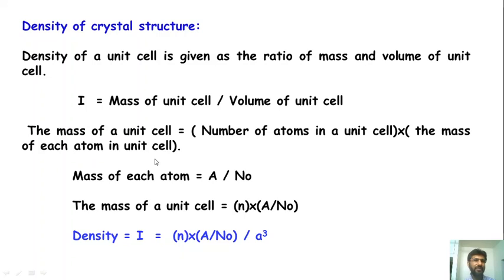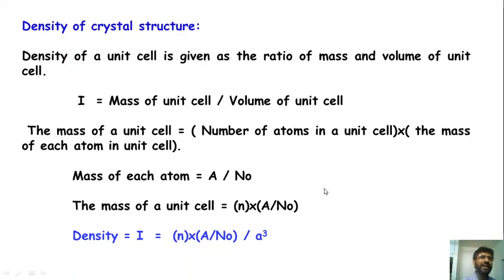The mass of each atom is equal to A divided by N0, where A is the atomic mass and N0 is the Avogadro's number. Therefore the mass of the unit cell is equal to N multiplied by A divided by N0.